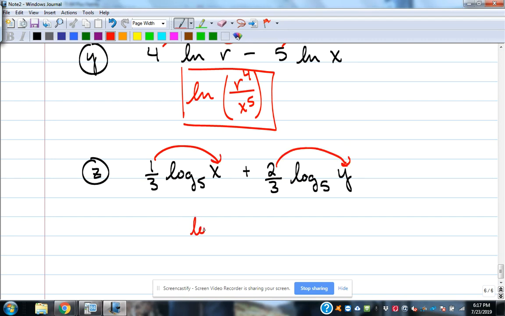So that's going to be log base 5 x to the 1/3 plus log base 5 y to the 2/3.